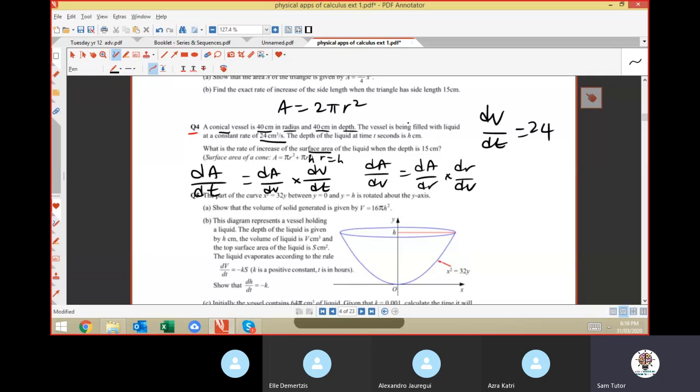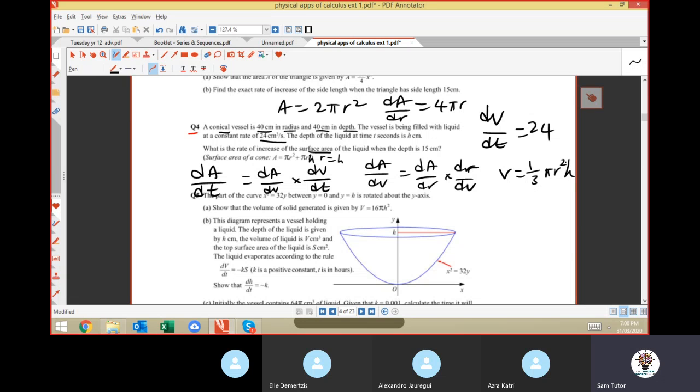Does that make sense, Azra? Yeah. And then you get dA on dr becomes 4 pi r. And then how do we find dr on dV? Well, again, V equals, it's a cone, so V equals 1/3 pi r squared h. Yeah, pi r squared h times a third. That's the volume of a cone.